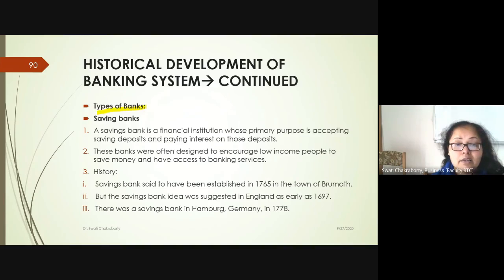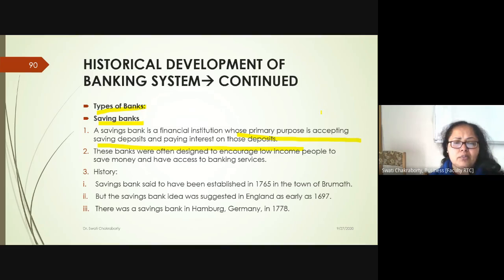Types of banks that we have, first comes savings bank. A savings bank is a financial institution whose main purpose is to accept savings deposits and pay interest on those deposits. Okay, and they're basically set up to encourage low-income people to save money and have access to financial services.